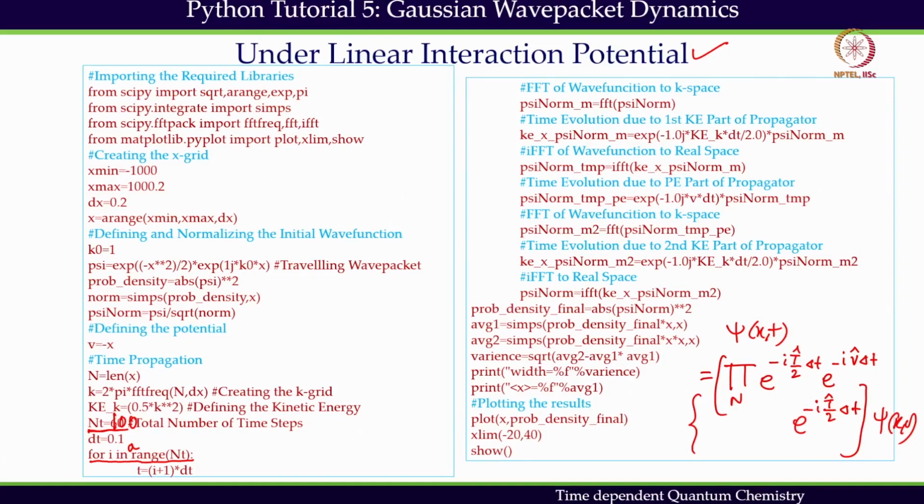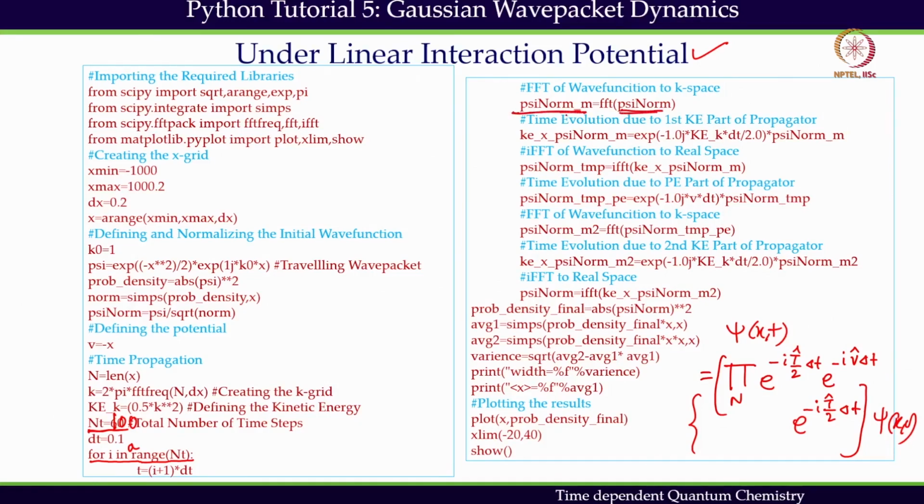We can compare it to the free particle evolution, and we can see that this time, initially psi norm has been converted to its momentum domain.